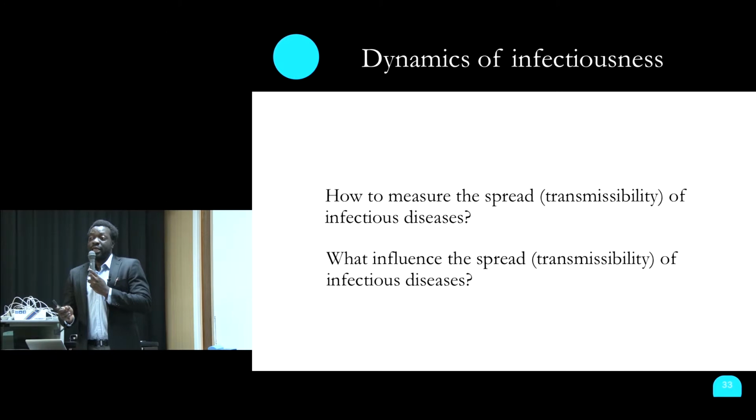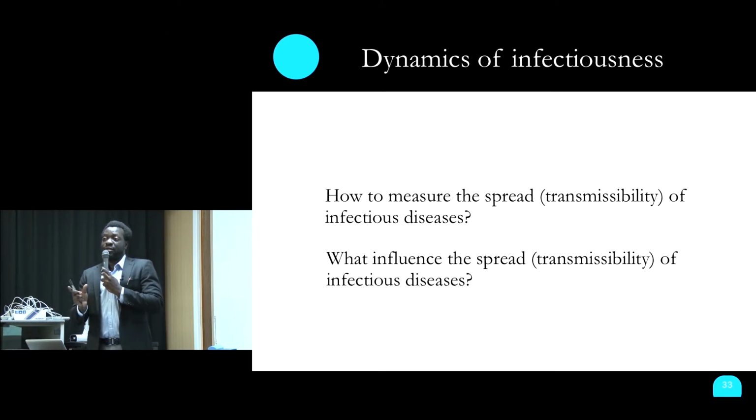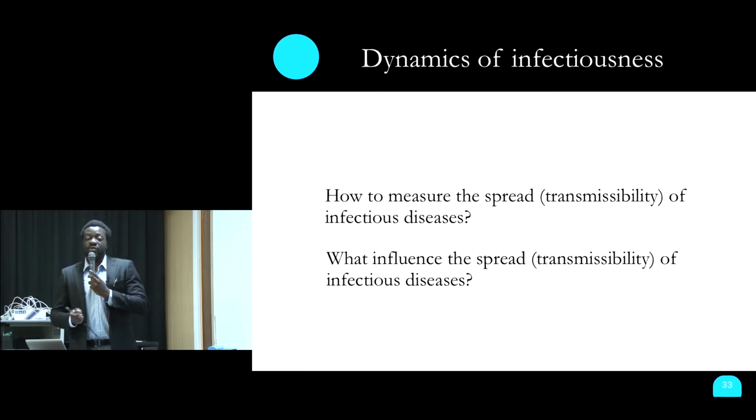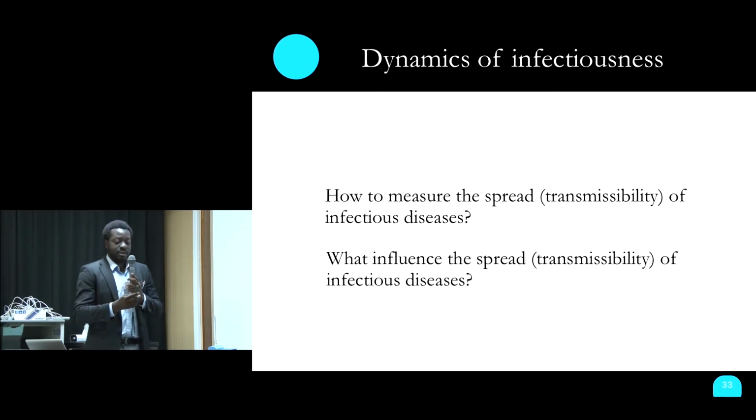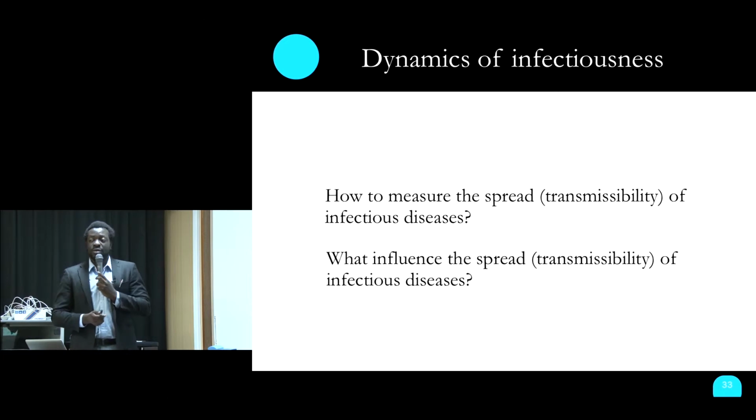We have also seen the latent period in relationship with the incubation. Those are very important elements that influence the dynamic of the transmission of infectious disease. But how do we really measure the transmissibility of infectious diseases?